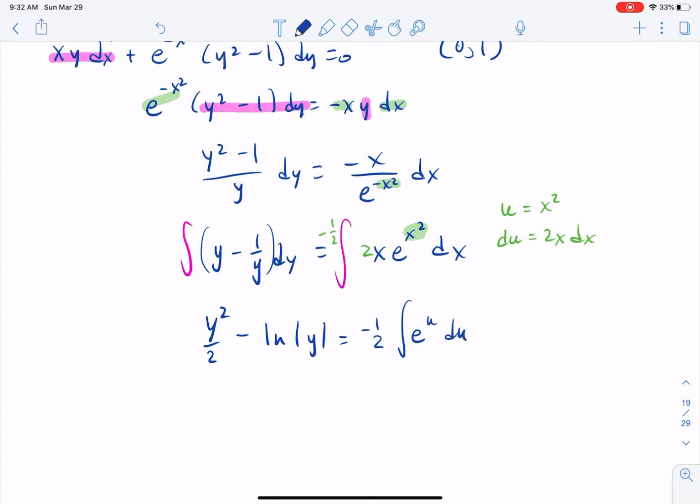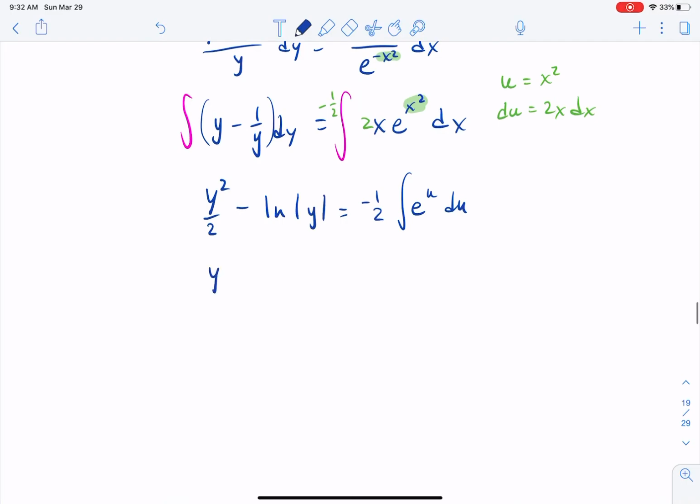Continuing to simplify, the left side stays the same, and I'd have negative 1/2 e to the u plus c. And since I don't want to keep rewriting it, I'm going to take the u out and replace it with x squared, which is what u was equal to.